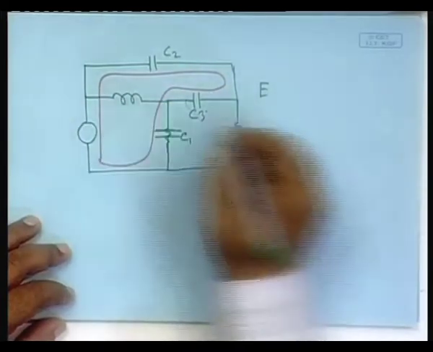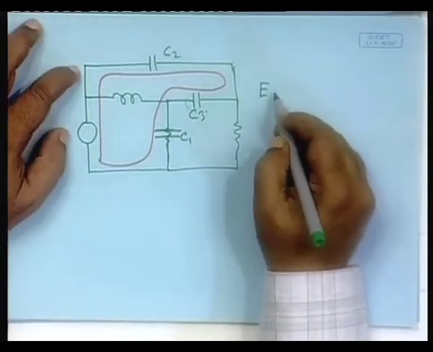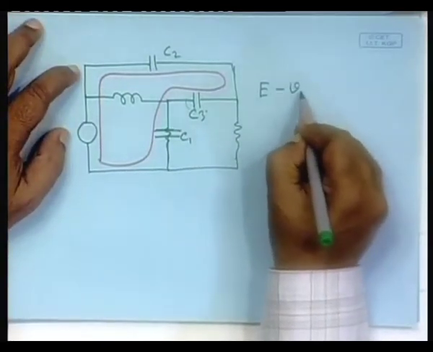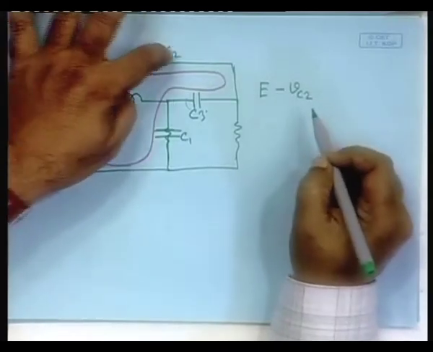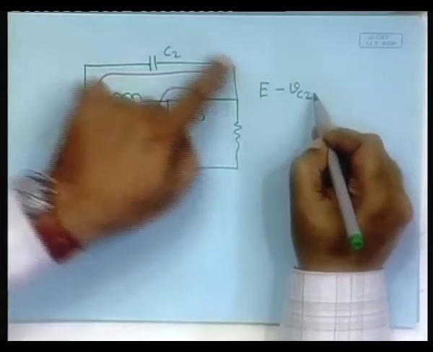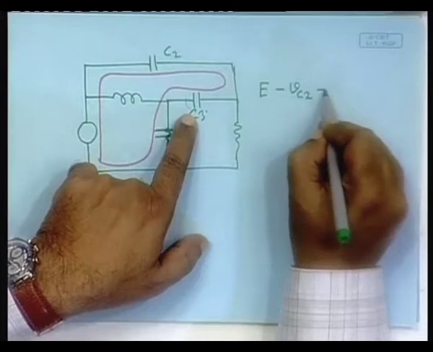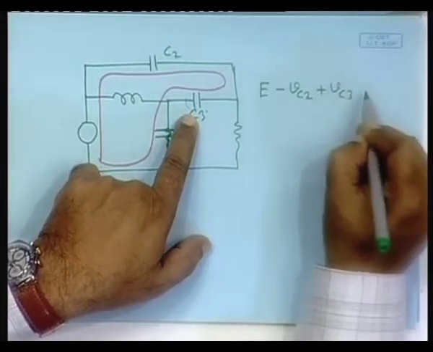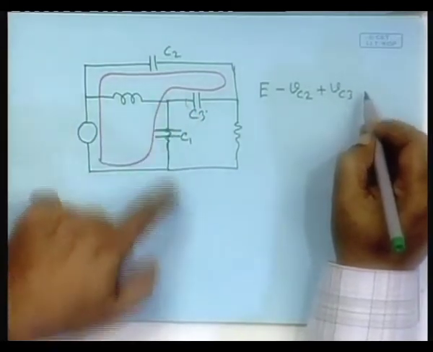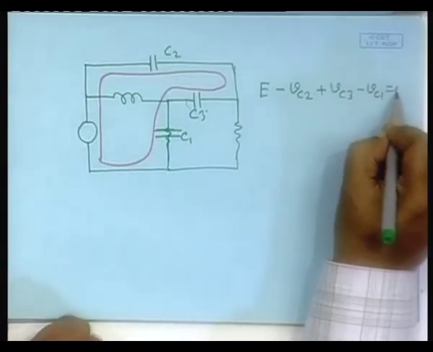So, E minus VC2, because this is plus, this was minus, then you come here, it is plus VC3, this is plus, this is minus. So, minus VC1 equal to 0.